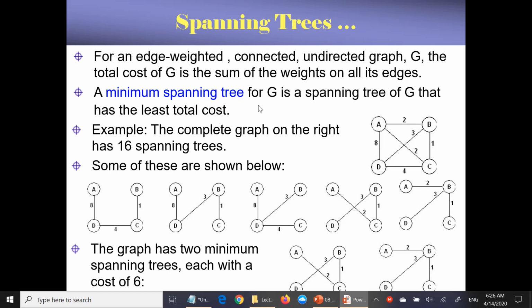Is there a systematic way of doing it? We're going to explore 2 different algorithms. One is called Prim's algorithm, named after the guy, of course, who found the algorithm. And the other one is called Kruskal's algorithm.